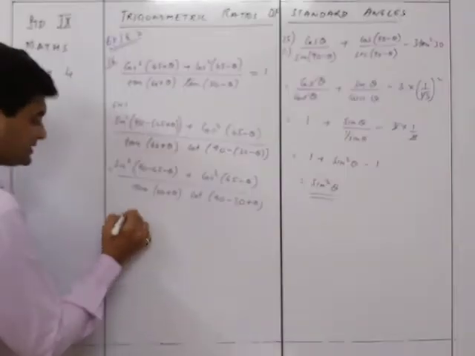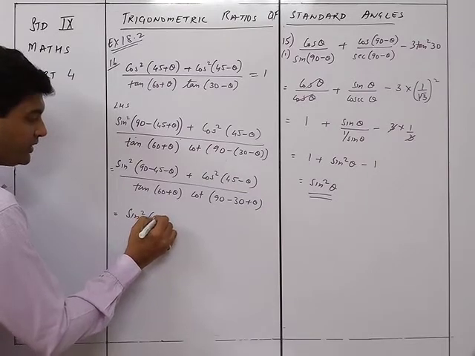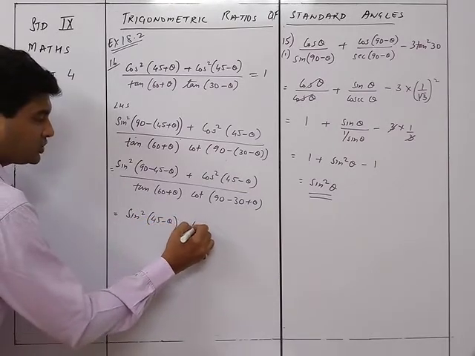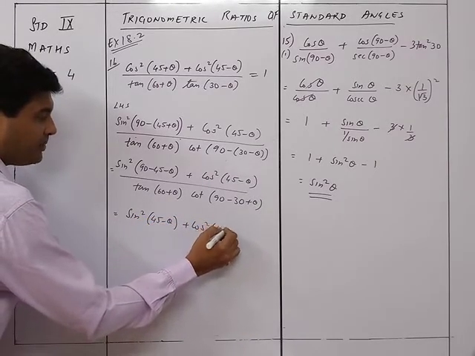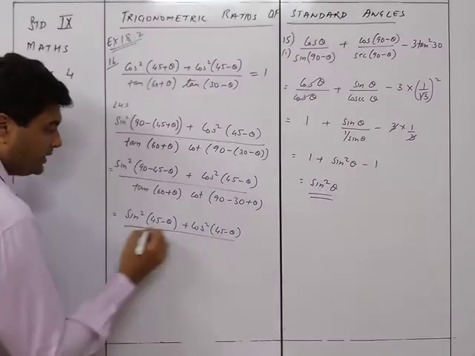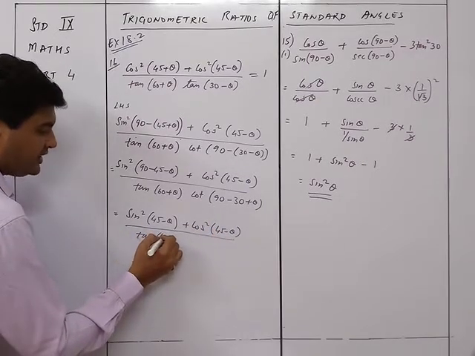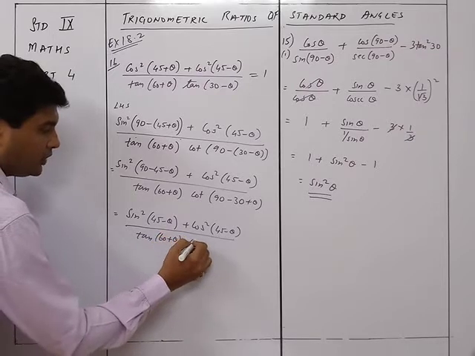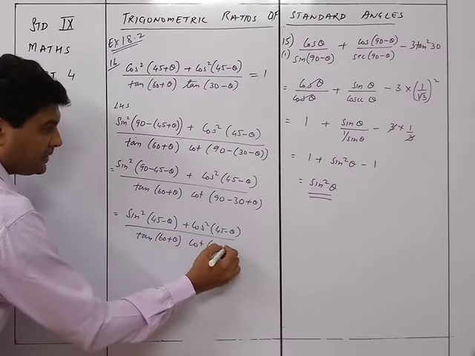So this will give me sine square 45 minus theta plus cos square 45 minus theta upon tan 60 plus theta into cot 60 plus theta.